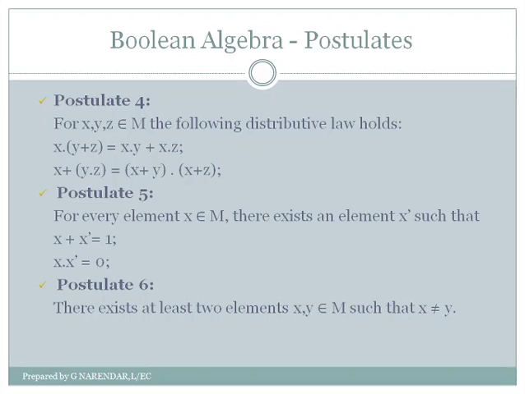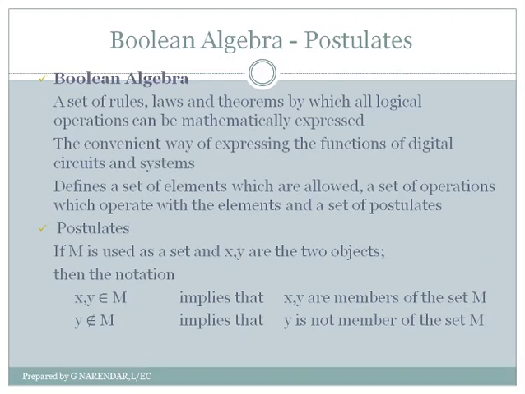So this is what the postulates define for the Boolean algebra. Here you can see that basically Boolean algebra means a set of rules, laws and theorems by which we can express the functions of digital circuit systems in a convenient way.